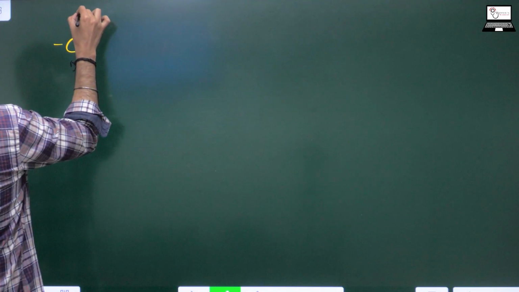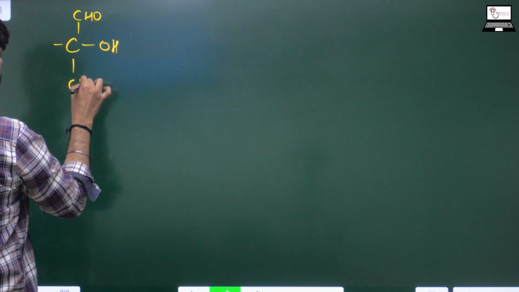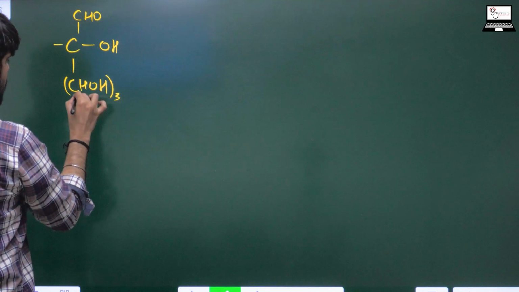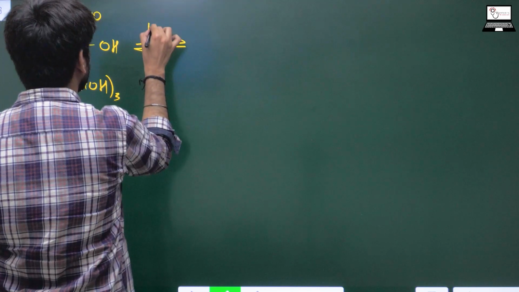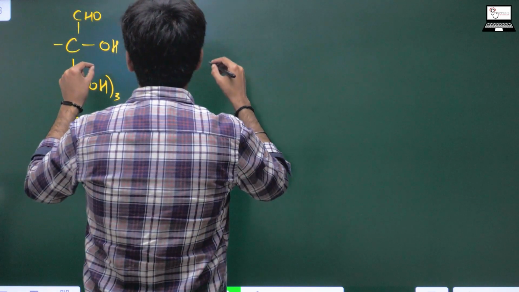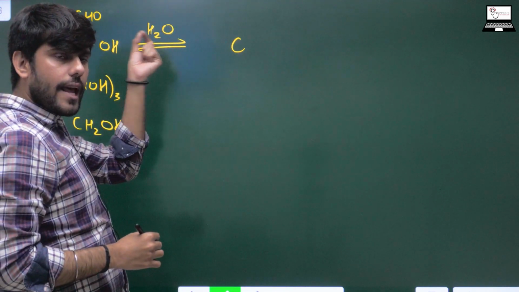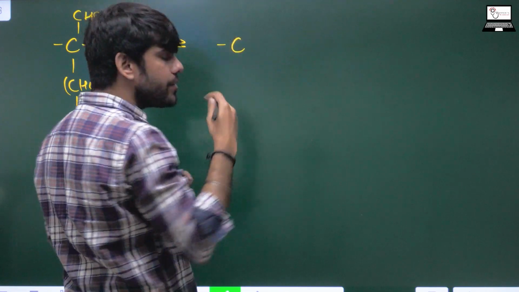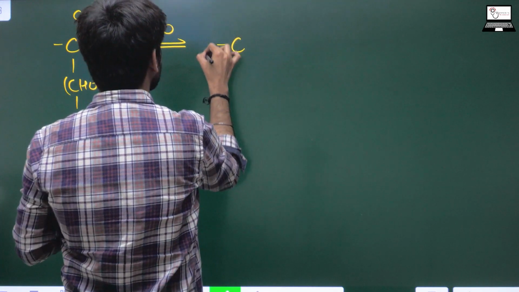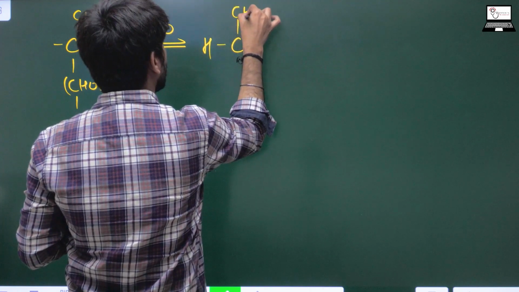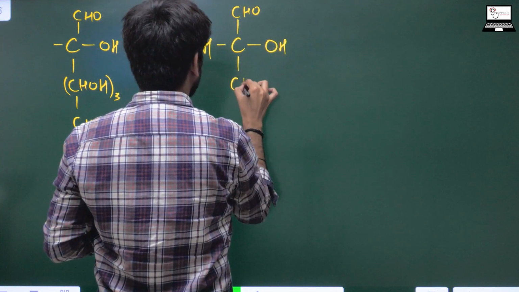So hydrolysis of this results in the regeneration of, and now since this protonation can happen from both the sides, it results in the formation of epimers, which we call C2 epimers. So protonation can take place from either side, right?